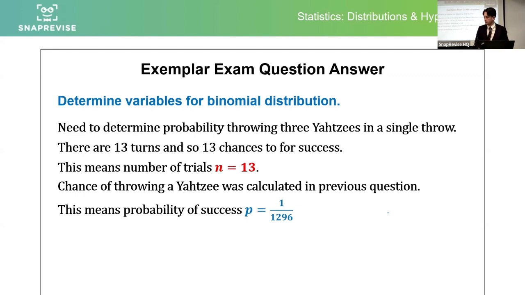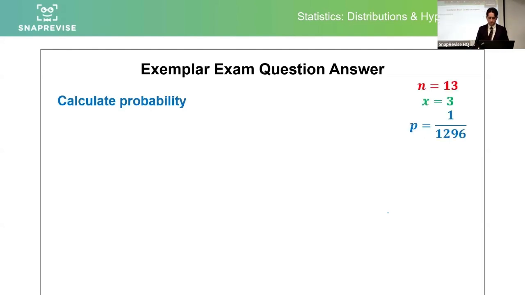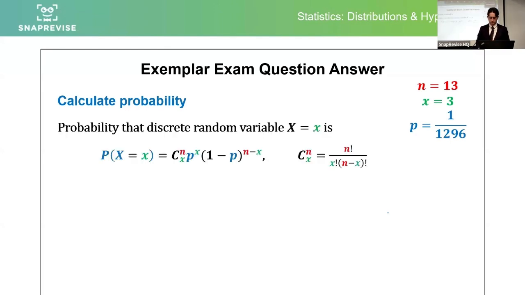Then what we're going to do is we're looking for the probability of exactly 3 in 13 goes. So this means the number of successes is 3. So n is 13, x is 3, and p is 1/1296. Now, for some of you, you can plug directly into that formula.